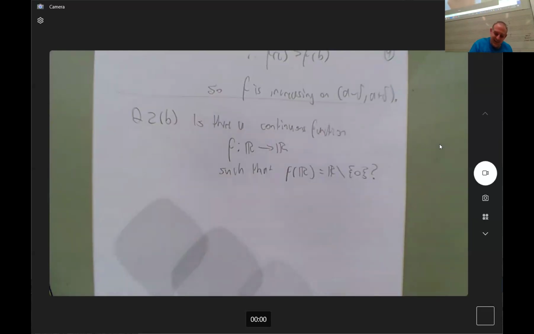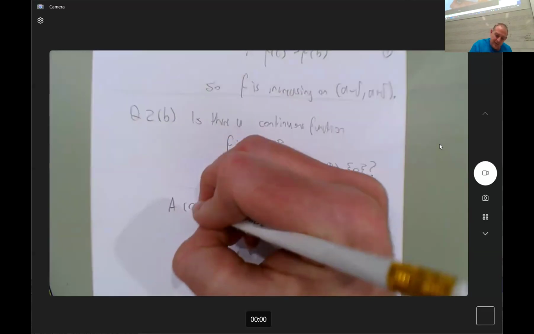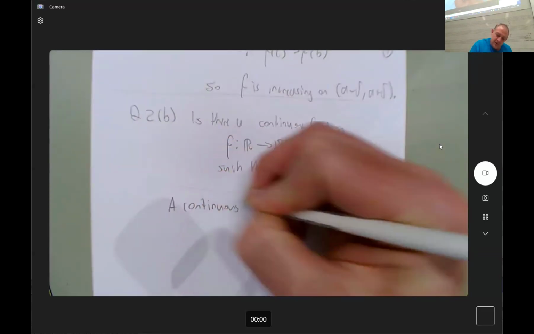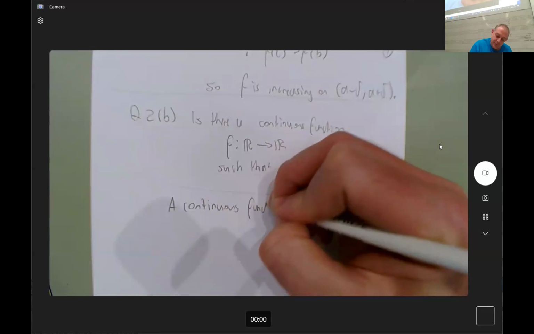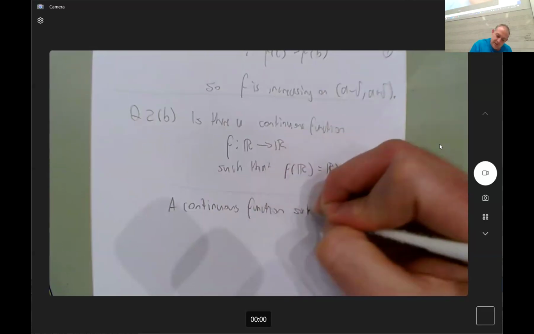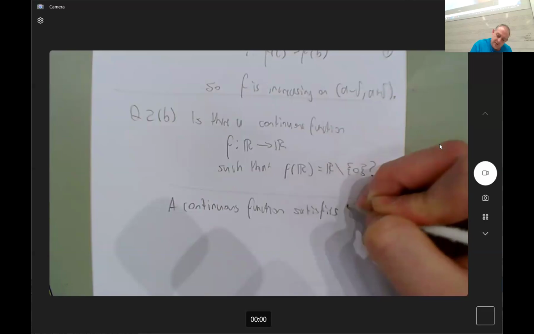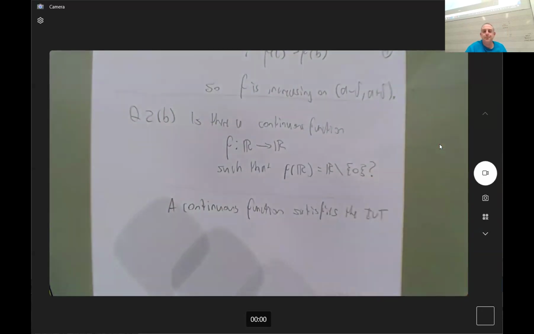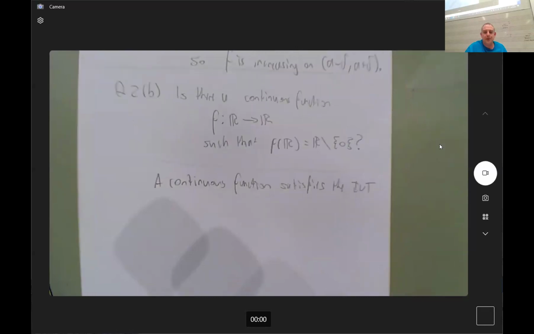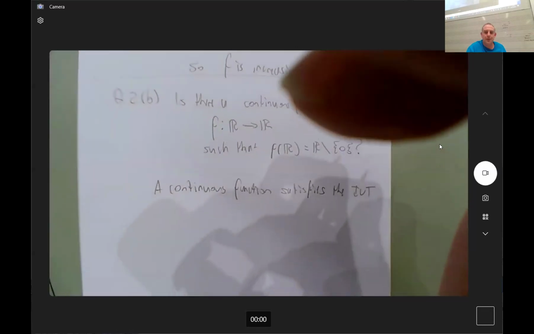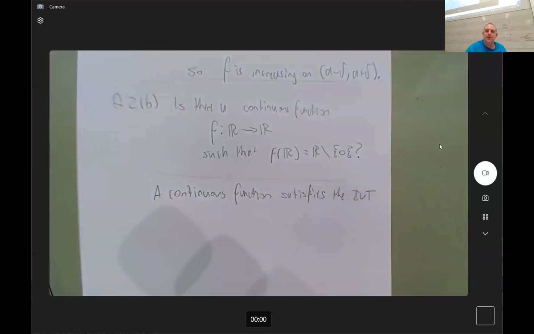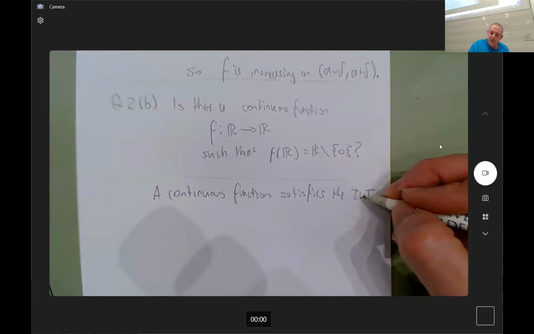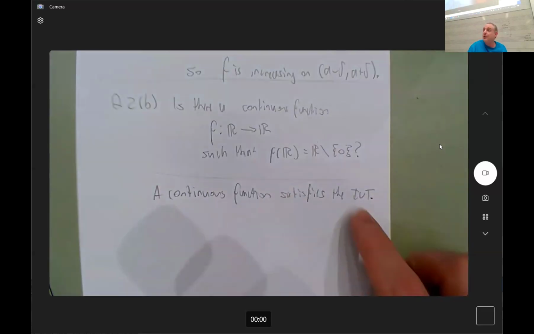A continuous function satisfies the intermediate value theorem. And that's how we know this to be true. That's a theorem.